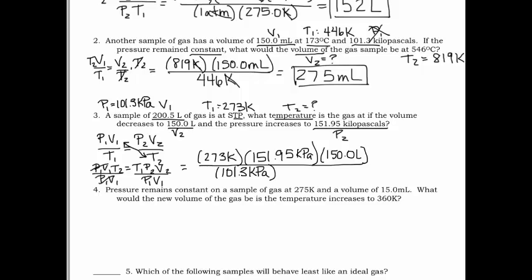And then V1, we started at 200.5 liters. Now to do this all at once in my calculator, 273 times 151.95 times 150 divided by 101.3, and then divided by again the 200.5. The units that cancel are kilopascals and liters. So our answer is going to be in Kelvin, and the answer is 306 Kelvin.